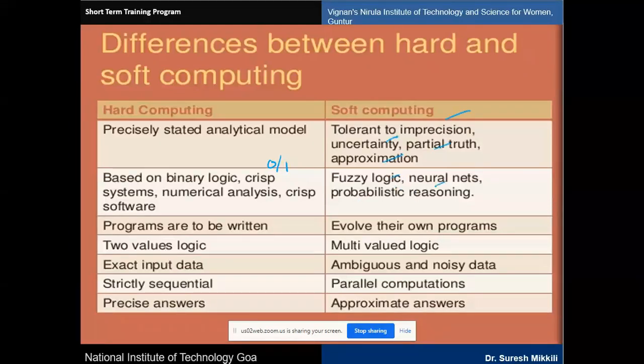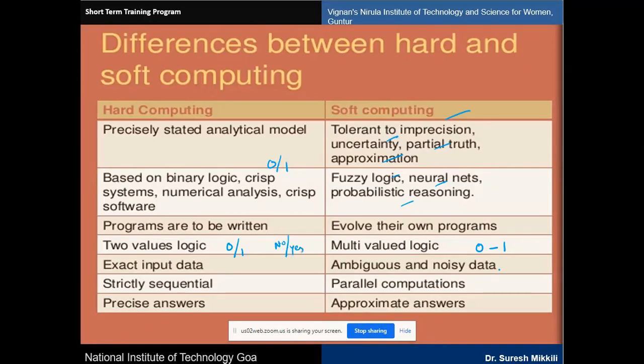Here we have fuzzy logic, neural networks, probabilistic reasoning, and it is a multi-valued logic. Suppose I ask whether X is honest. Take your CR: is CR honest? Few members will say CR is extremely honest. Sometimes they will say CR is extremely dishonest. Sometimes people will say honest, sometimes very honest. That means you will have values from 0 to 1, whereas in hard computing it is 0 or 1. You will have yes or no.